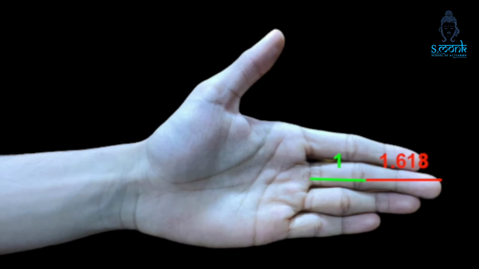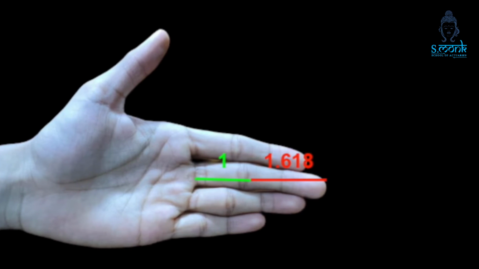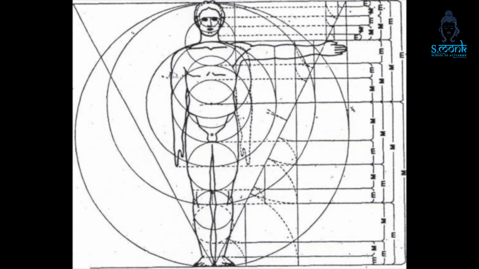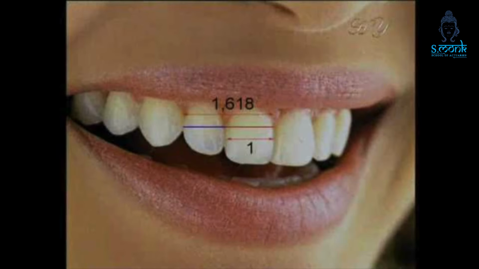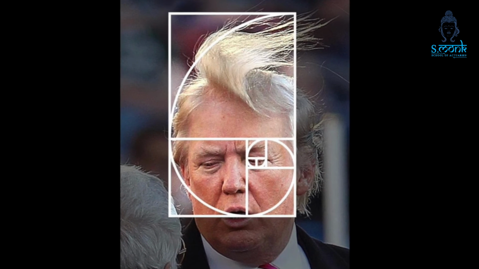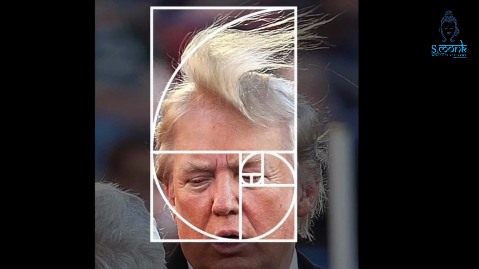Now check out the spacing of your knuckles. Are you freaked out yet? In fact, mathematicians say that the perfect body and the perfect face follow the dimensions of the golden ratio. But before you pause this video and grab your measuring tape, let's understand what makes the golden ratio so mathematically special.